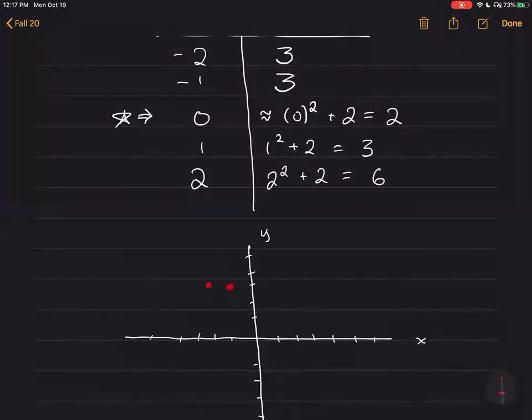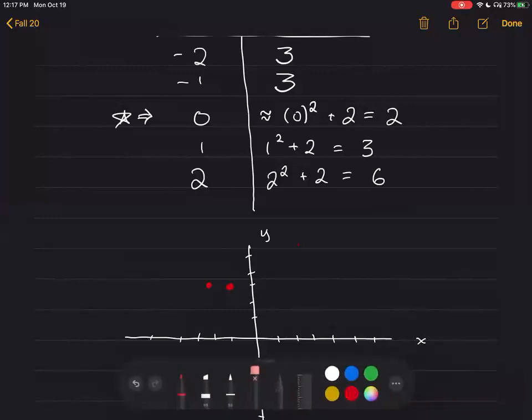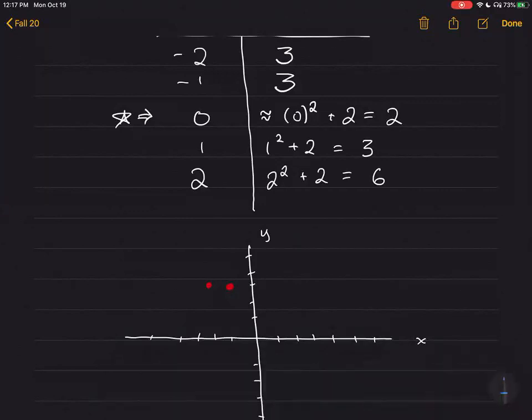And then we'll do 2 goes to 6, so 1, 2, 3, 4, 5, 6 up here. Actually, let's do this in a different color so we can see. Up here like this. And then we have 1, 3. That's 1, 1, 2, 3 is here. And we also have that pseudo point 0, 2, so that would be kind of here.